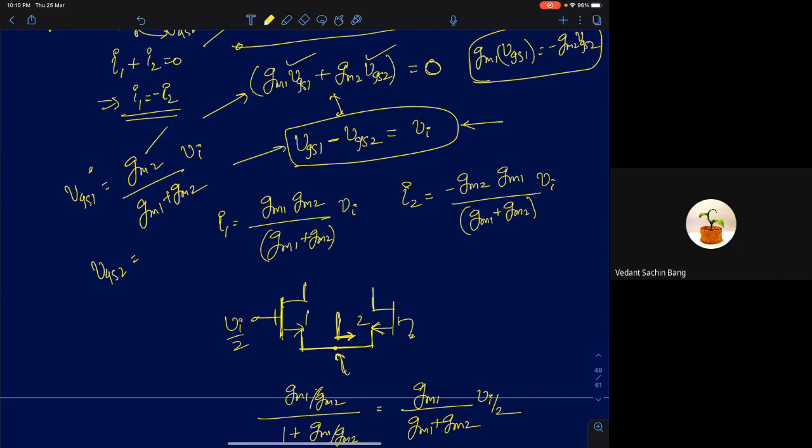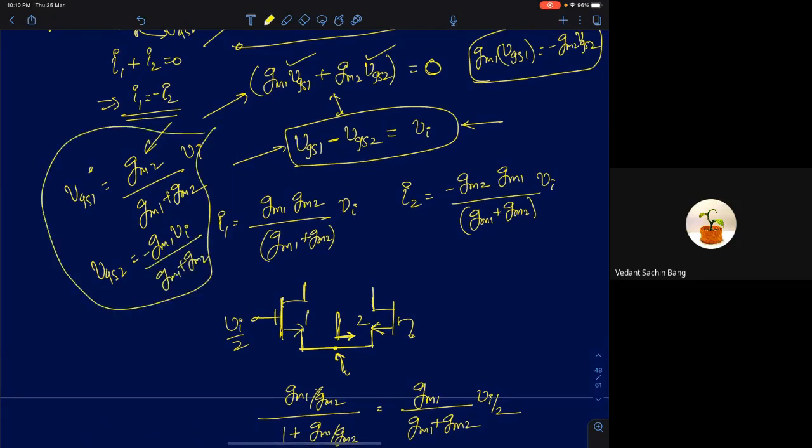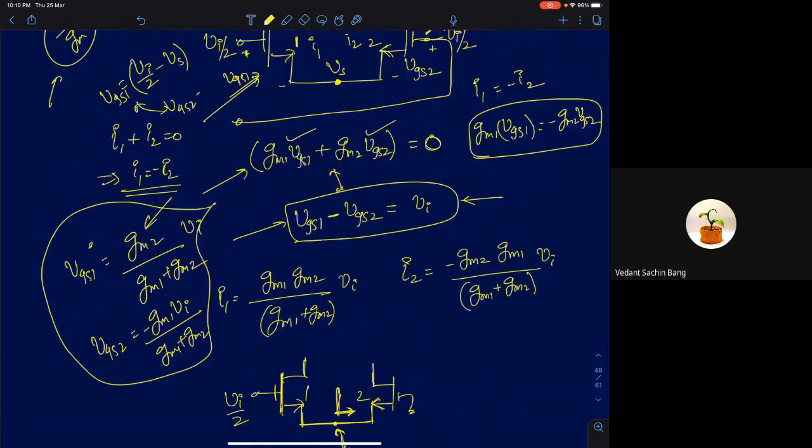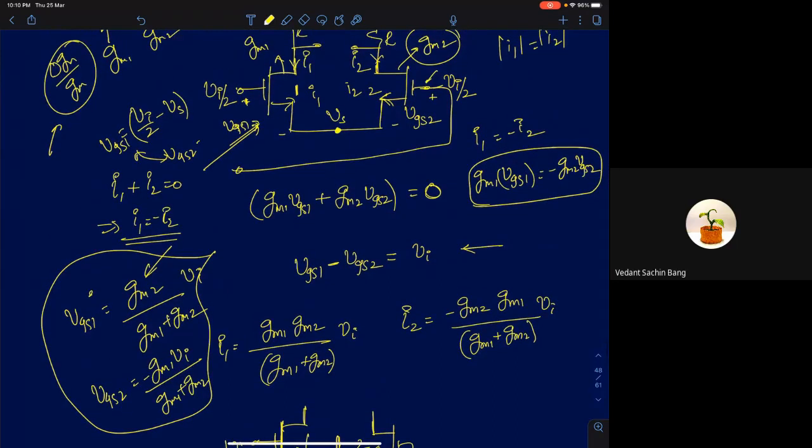See, VGS1 has GM2, so VGS2 will depend upon GM1 with a minus sign: minus GM1 VI upon GM1 plus GM2. That's it. These are the two expressions you will get. If you solve the two equations directly you get the same results, but they make perfect intuitive sense, because the currents have to be the same.